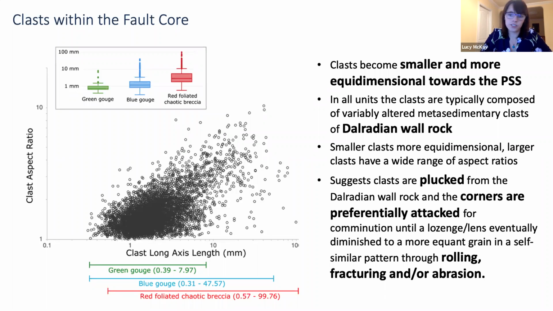So this suggests that all the clasts are from the Dalradian, and that they've been plucked from the Dalradian wall rock, and the corners are preferentially attacked until the lozenge shape becomes a more equant grain in a self-similar pattern through rolling, fracturing, and/or abrasion.